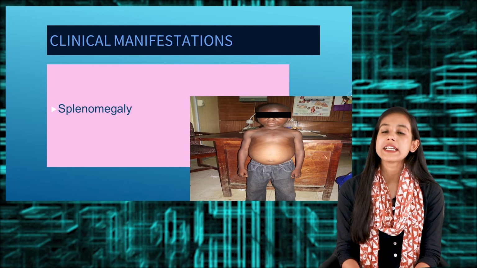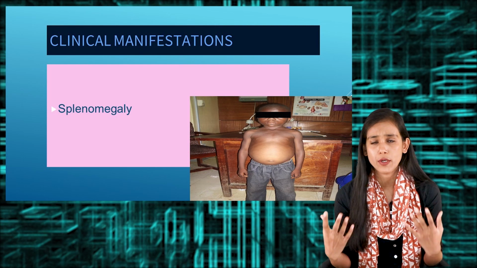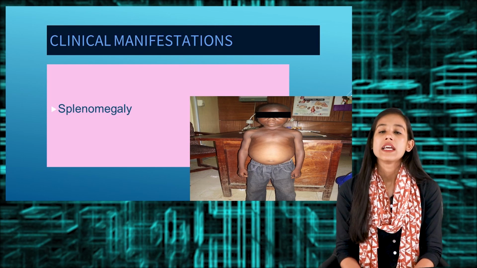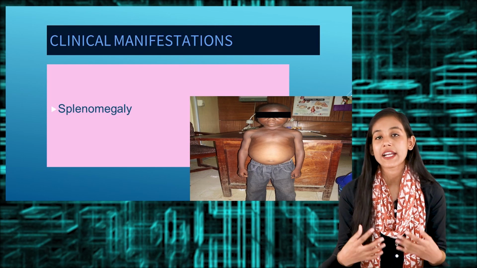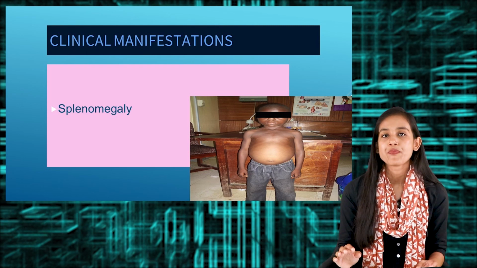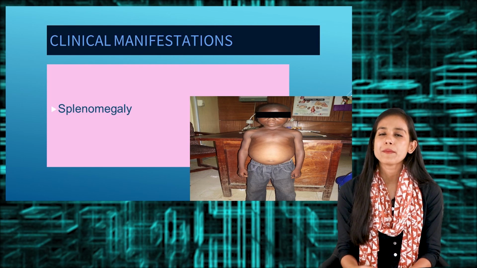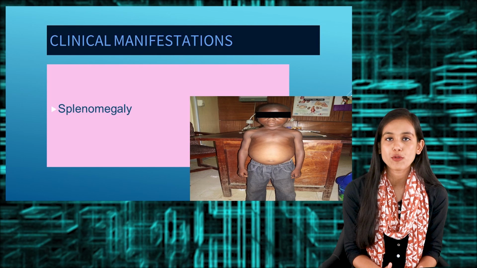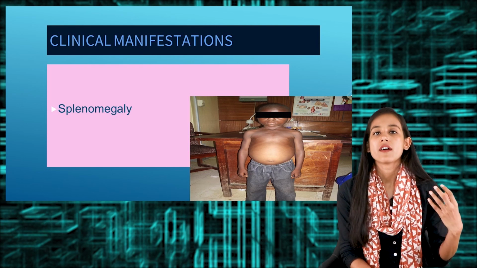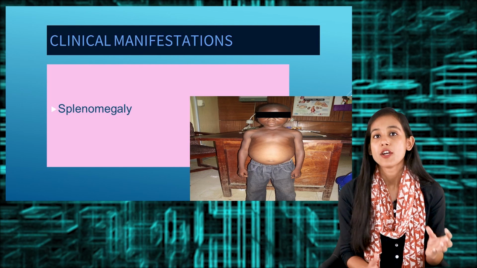Now, why splenomegaly? Because the spleen helps to fight infections, and also the RBCs which are getting hemolyzed, right? Those RBCs need to be washed out from the body. So the spleen does that. Now, because these RBCs are not formed properly, the quality of the RBC is not proper, right?